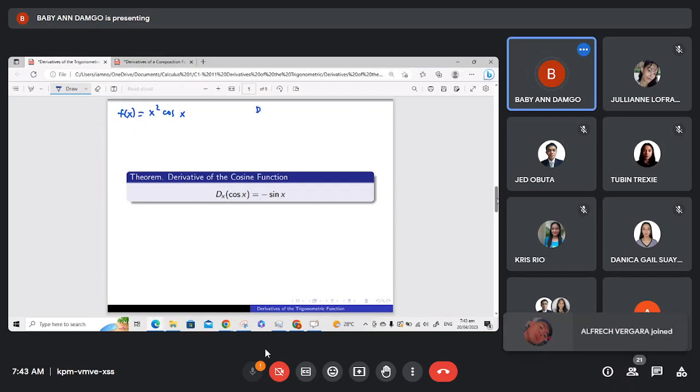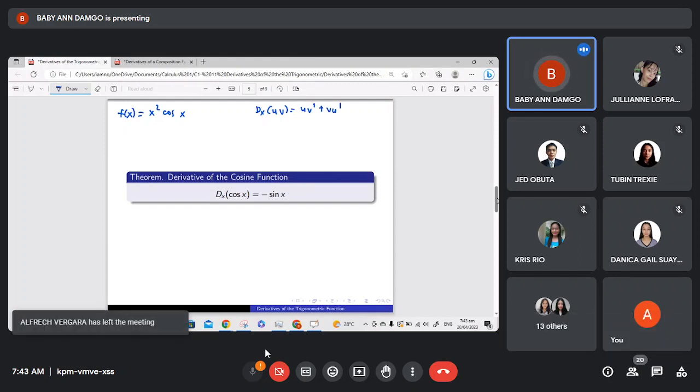So, the derivative of the product is equal to uv prime plus vu prime. Okay, so the derivative is equal to x squared times, the derivative of cosine x is minus sine x.